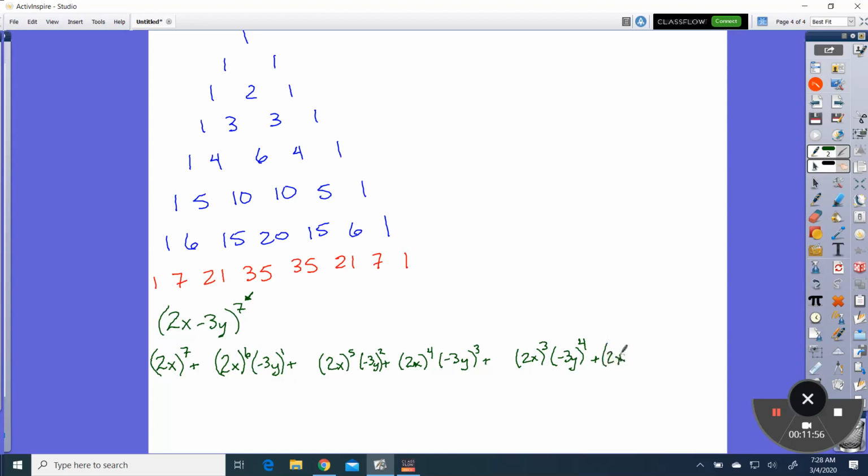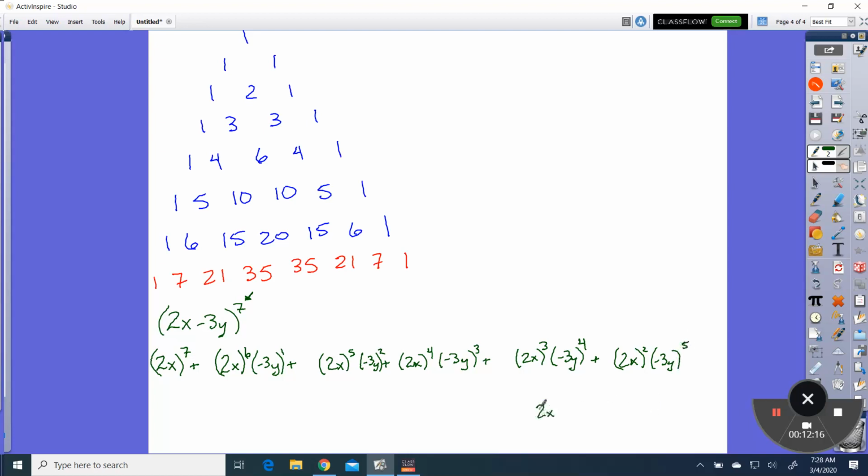so 2x to the 2nd, I didn't leave space in front of that. The y's go up. And I'm going to run out of room.